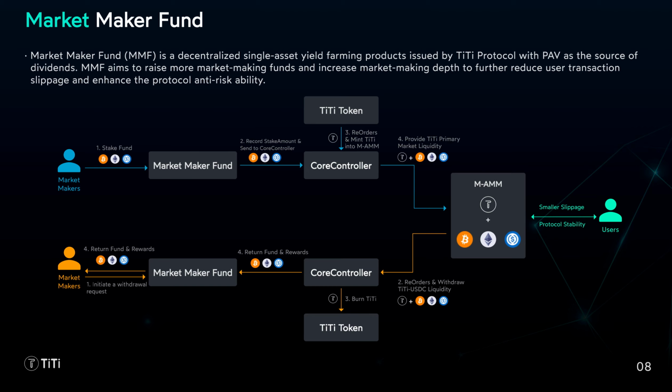The investors' participation process is similar to other DeFi yield farming products. Users only need to stake their crypto assets specified in the protocol into MMF. Each time a new participant joins MMF, it will automatically trigger the other mechanisms to complete the profit sharing of the previous MMF participants.